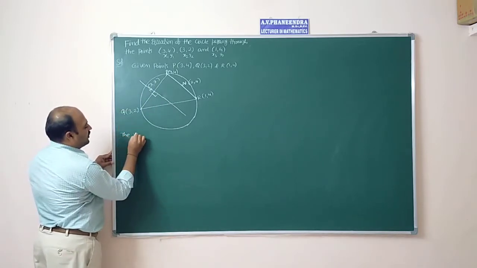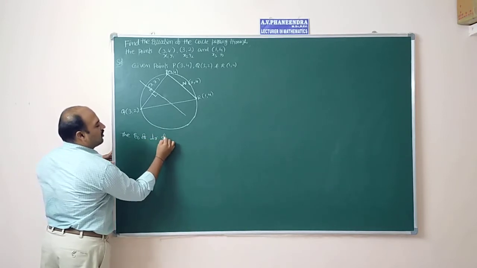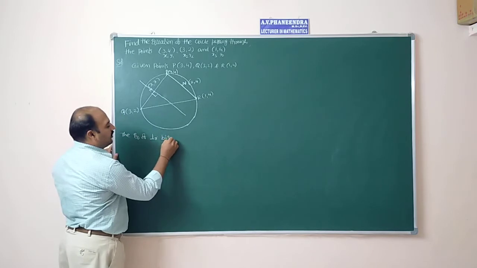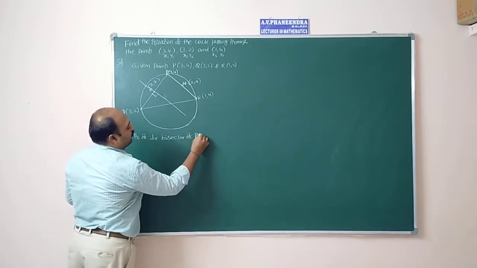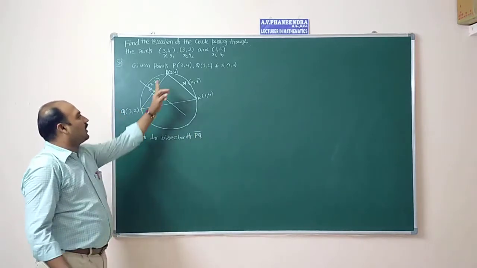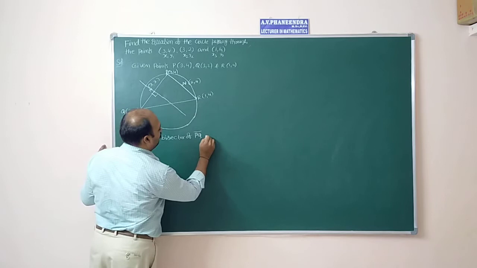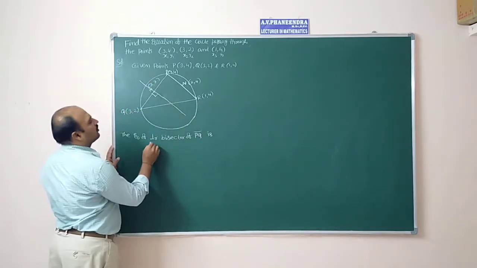The equation of the perpendicular bisector of PQ passes through (3, 3).